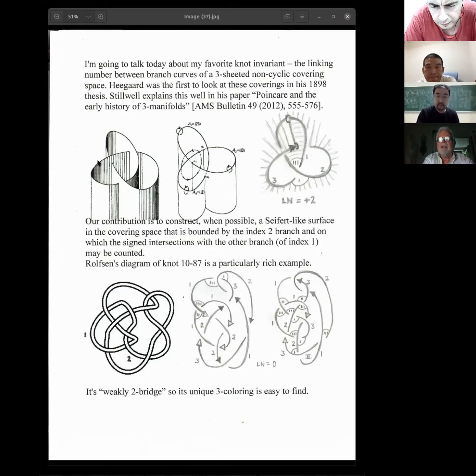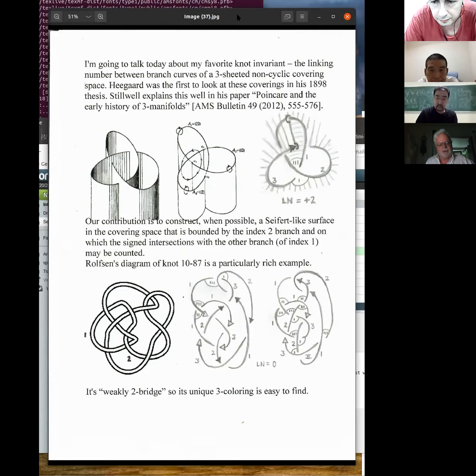Now, basically, what that does is it uses the concept of a canonical Seifert surface. And you may recall, just working with the knot itself in normal three space, you construct a Seifert surface by inserting little twisted rectangles at each crossing. And then you get a set of circles which can be capped by discs.